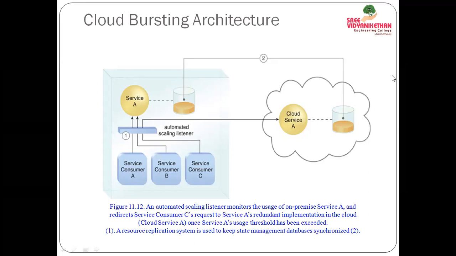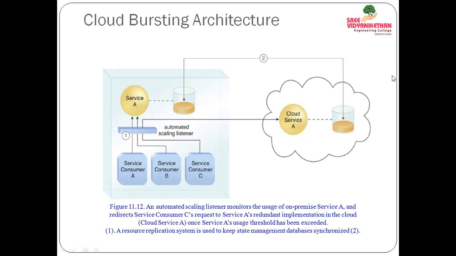One instance is running in the cloud, and another instance is running in the on-premise network, that is, the organizational network. Most of the clients' service requests are entertained by the service instance running in the on-premise network.